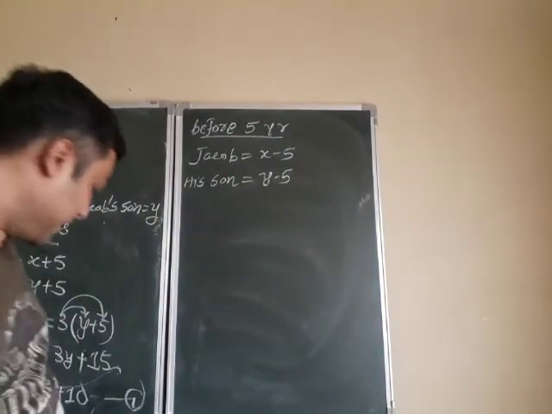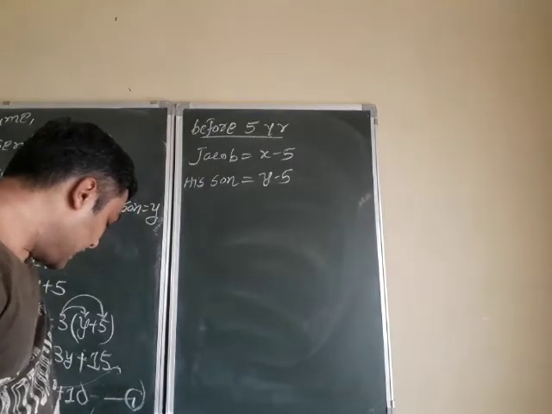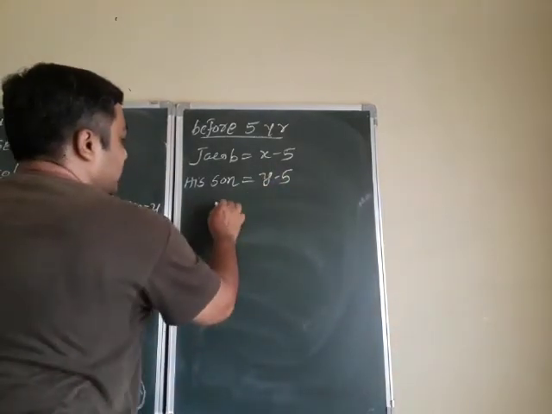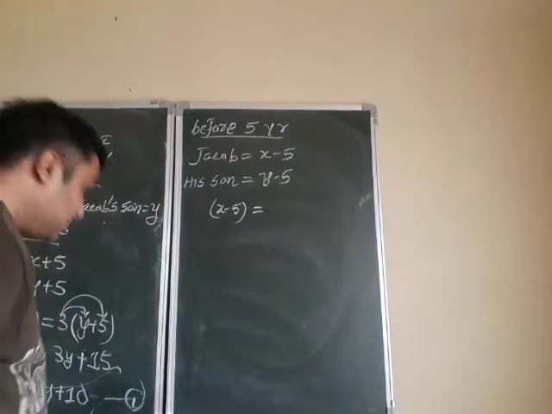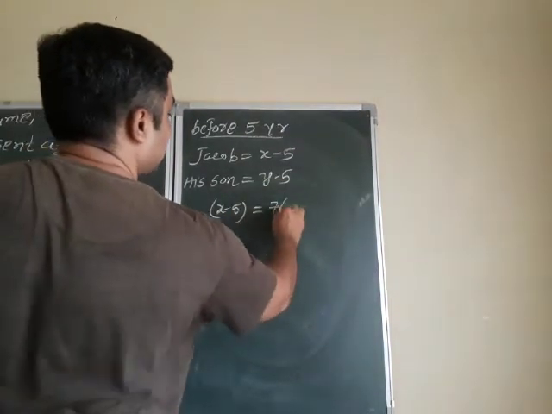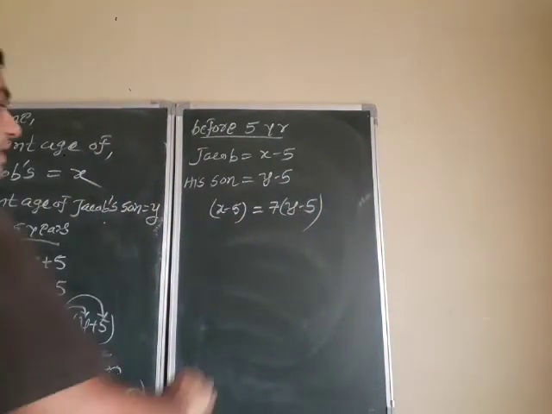Now what comparison is given? 5 years ago Jacob's age, x minus 5, was 7 times that of his son. 7 times that of his son. Clear? So find the present ages.